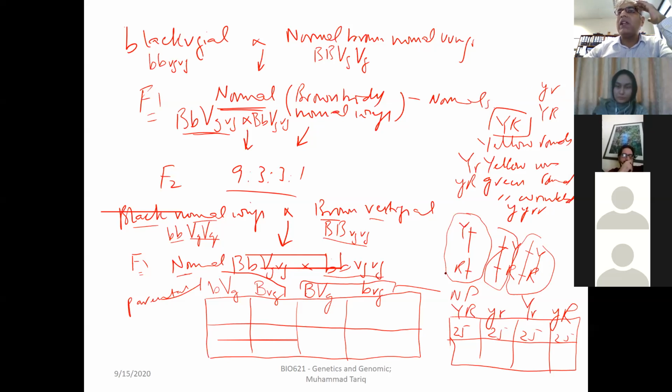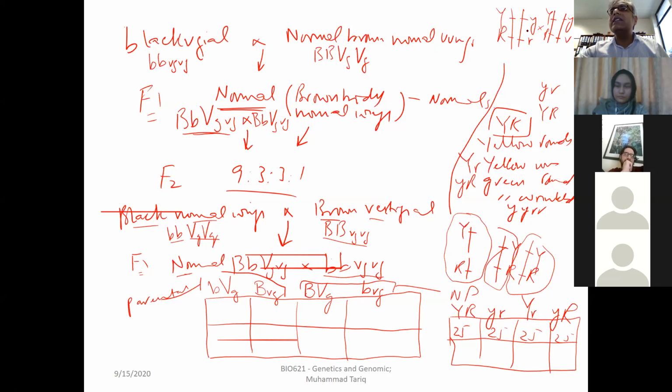In the case of Mendel, if we draw chromosomes, F1 will look like this. When you cross F1, according to Mendel, the factors inherit independent of each other.